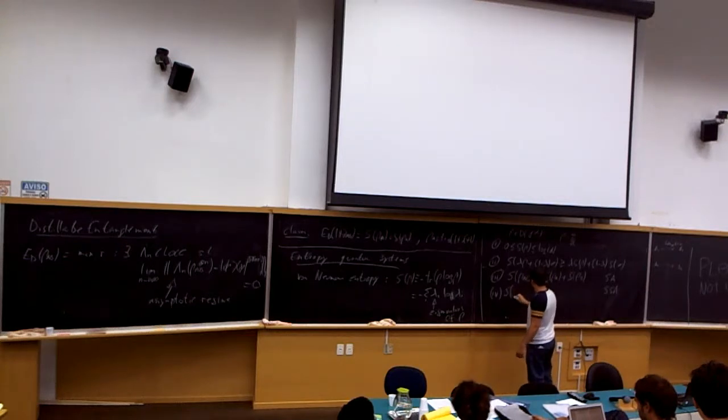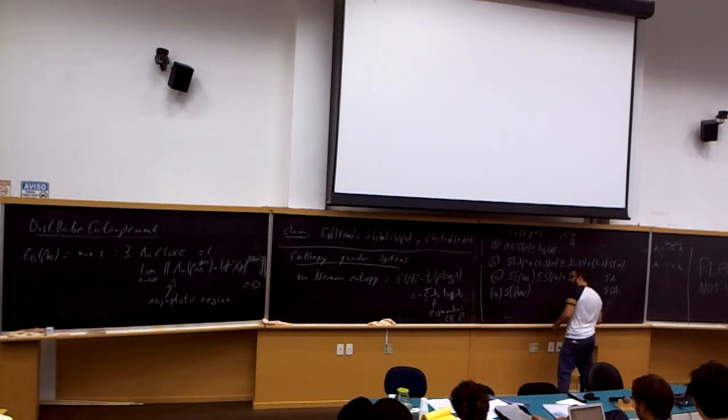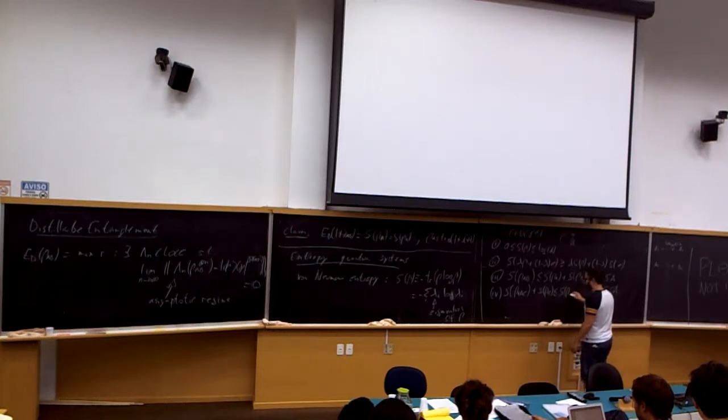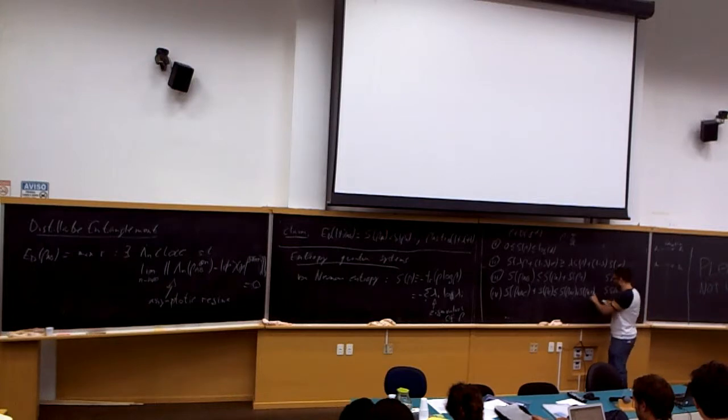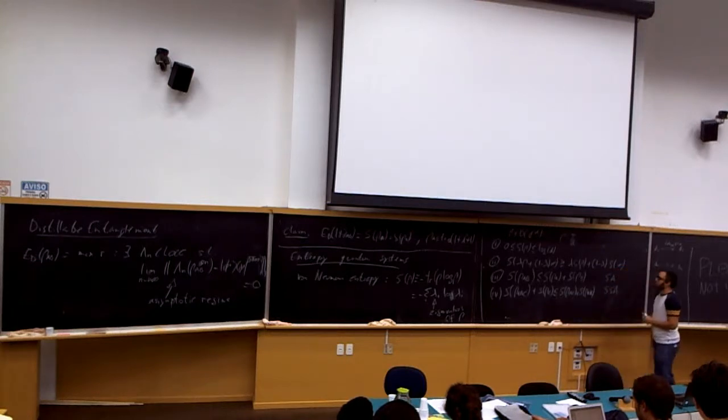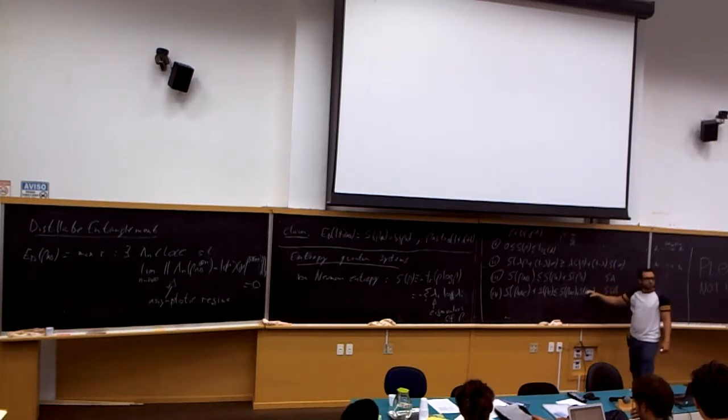That's for tripartite states, rho ABC, for example, and it says that the total entropy plus the entropy of the C subsystem is always smaller than the entropy of A with C plus the entropy of B with C. Why am I telling you this now? Well, we're going to use this soon.